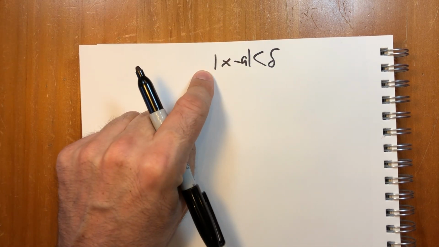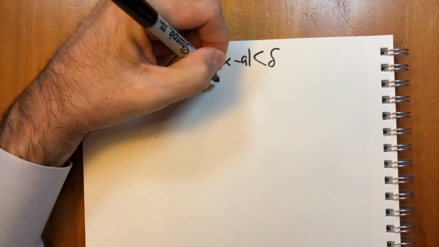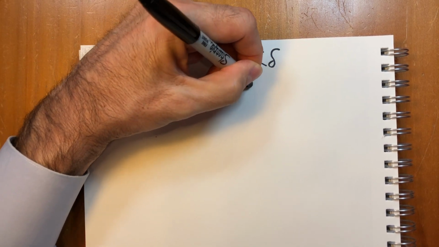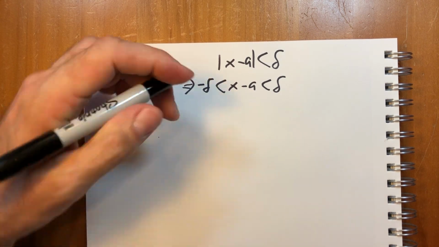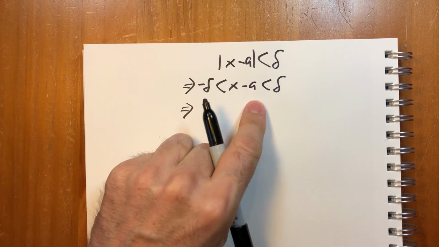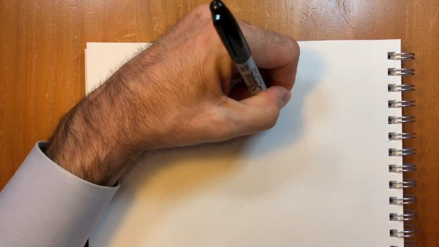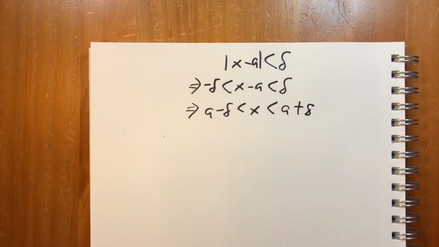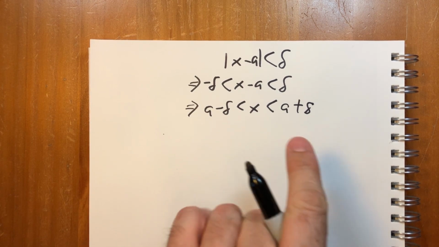So that means that minus delta is less than x minus a is less than delta. And then if you just add a on both sides, we have that a minus delta is less than x is less than a plus delta. Okay, so just an interval. We have a minus delta, a plus delta on either side of x.